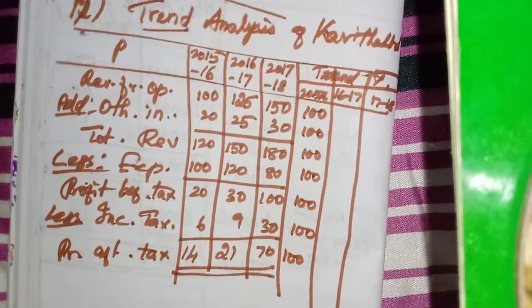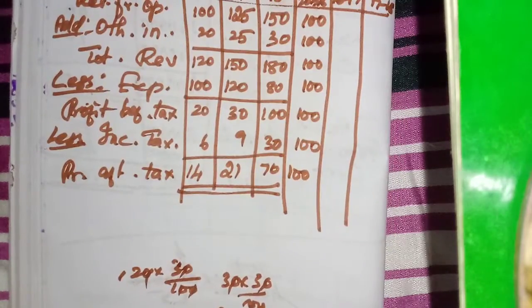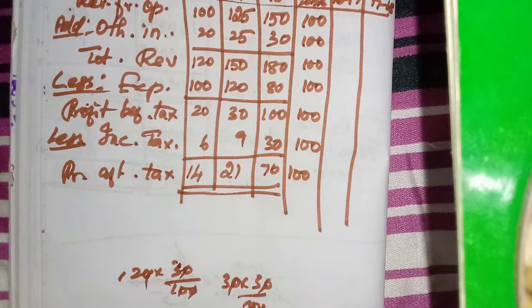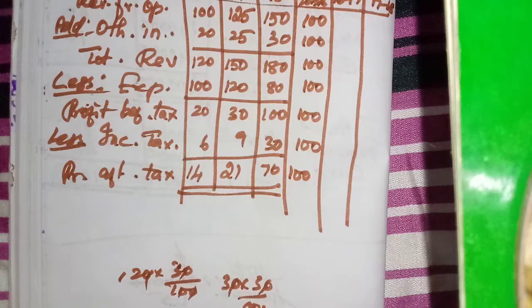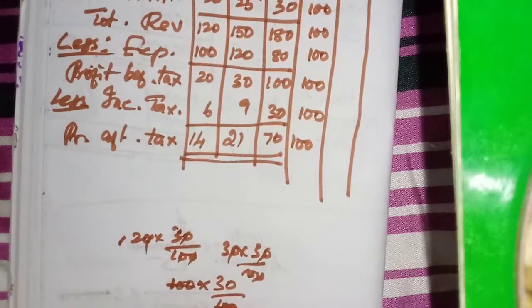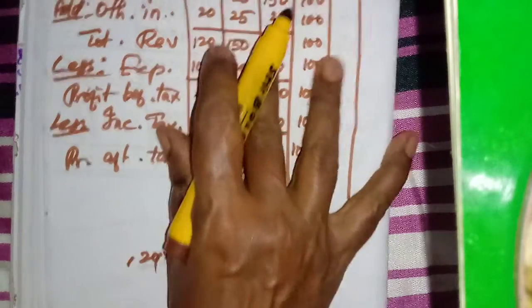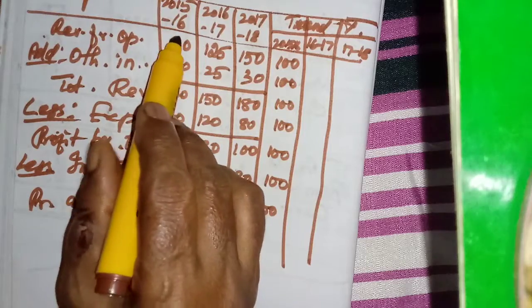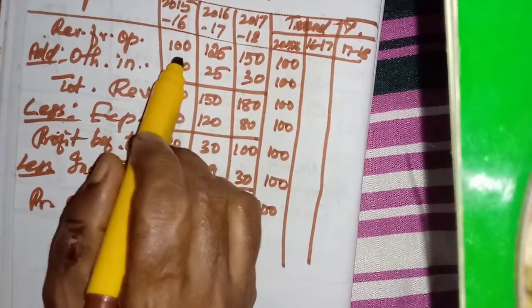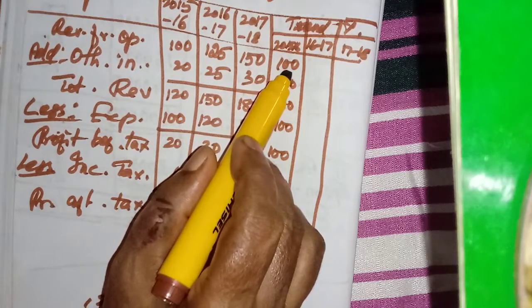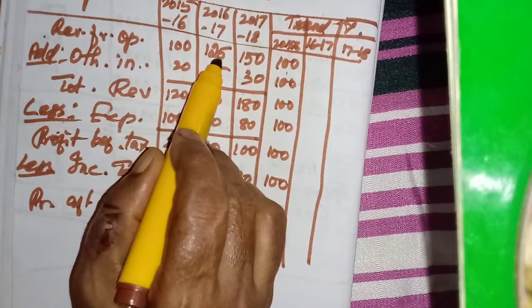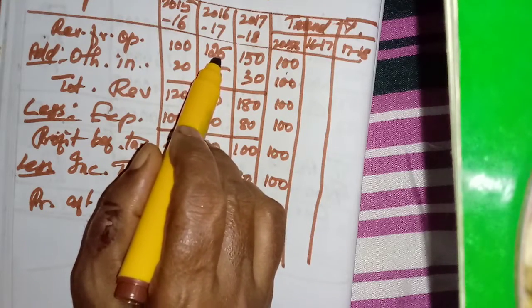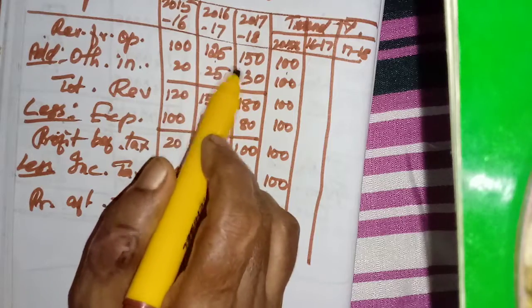Now we have to calculate. For 16, 17 only we are going to calculate, isn't it? For 15, 16 it is 100. Then for 125, how much will come?